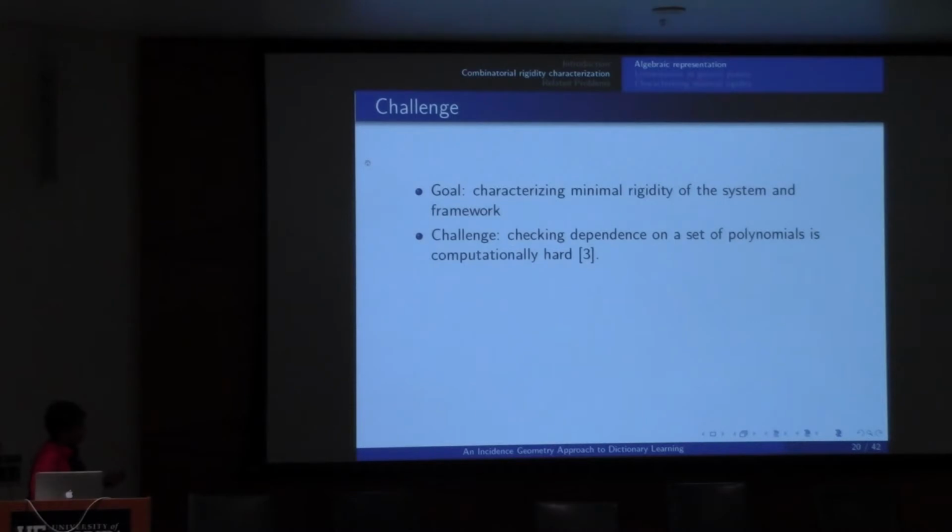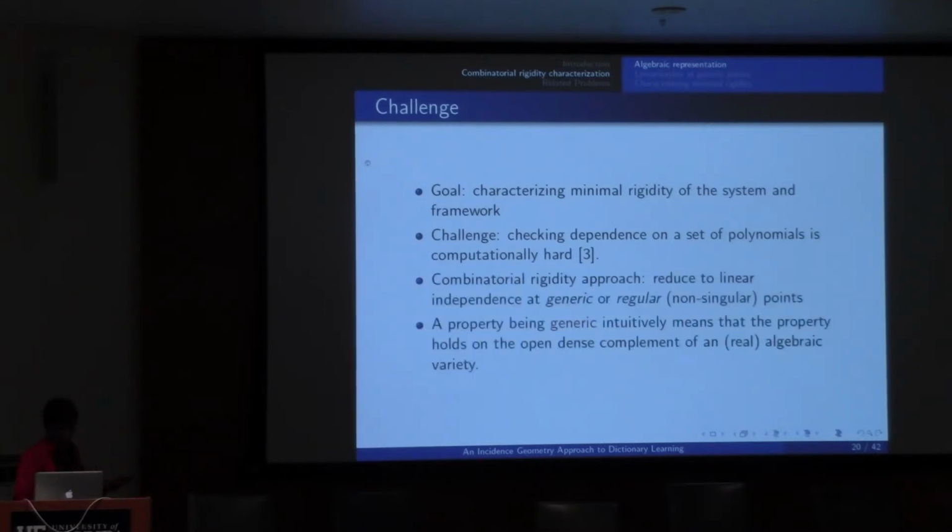So the challenge is, of course, checking dependence on a set of polynomials, and in general this is extremely hard. This is more than double exponent, 2 to the n type of complexity. So that's why we do the linearization into the rigidity matrix.